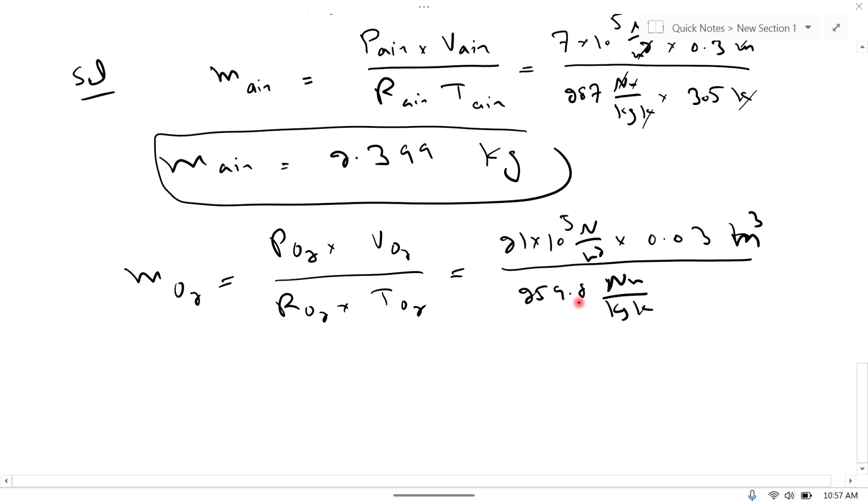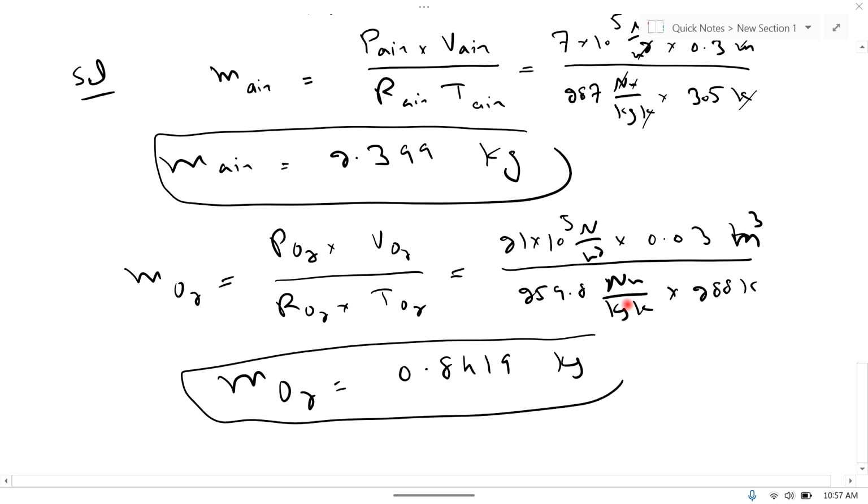This is 0.2598 but in kilo, so we multiply by kilo, and this will be 259.8 multiplied by 288 Kelvin. So the mass of oxygen is equal to 0.8419 kilogram. Simplify this: Newton is cancelled with Newton, cubic meter with cubic meter, Kelvin with Kelvin.